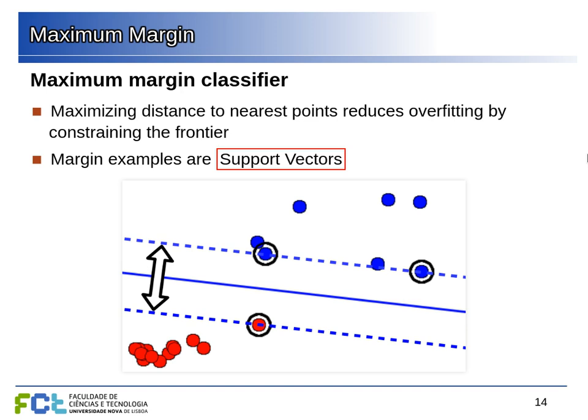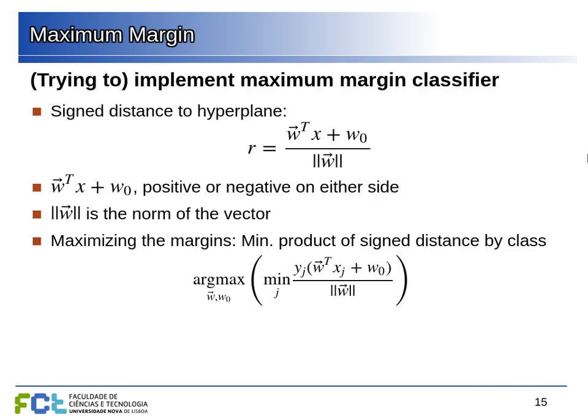So this would be the maximum margin classifier. It maximizes this margin here, which is the distance between the hyperplane that separates the classes and the closest examples to that hyperplane. These closest examples are the support vectors.